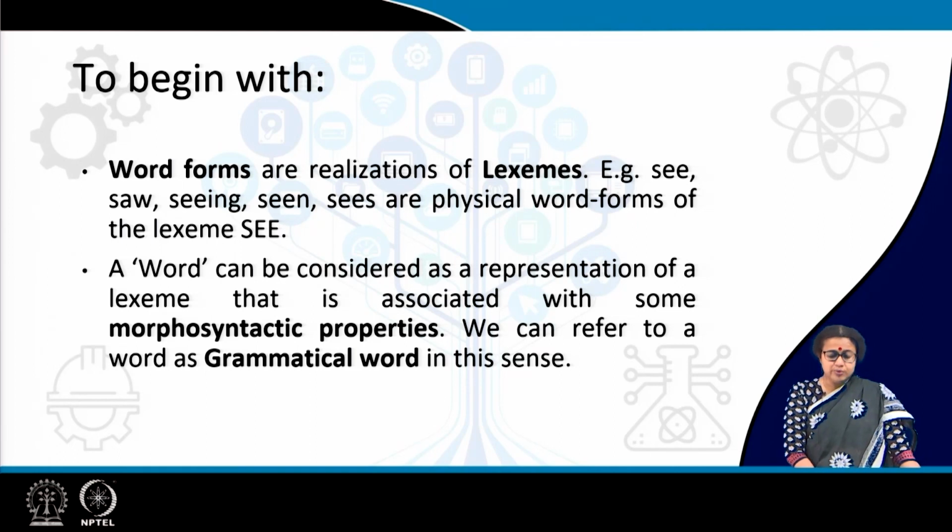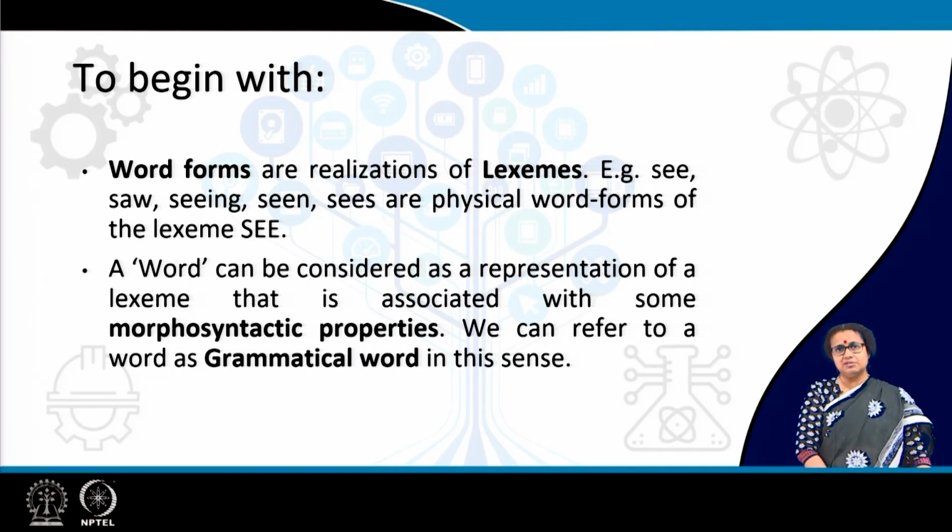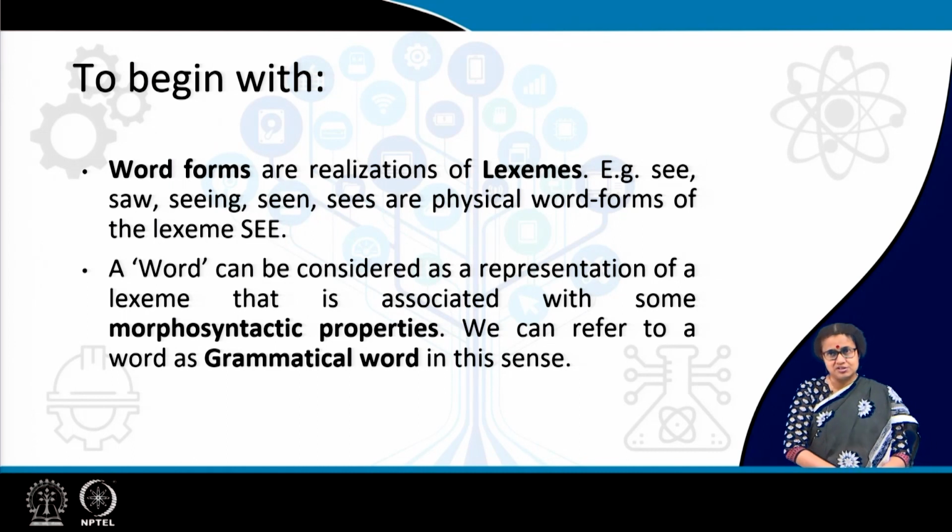So, how do we consider a word? A word can be considered as a representation of a lexeme that is associated with some morphosyntactic properties. I have highlighted this part, morphosyntactic properties, to remind you that we have to talk about the link between morphology and syntax while doing morphology.